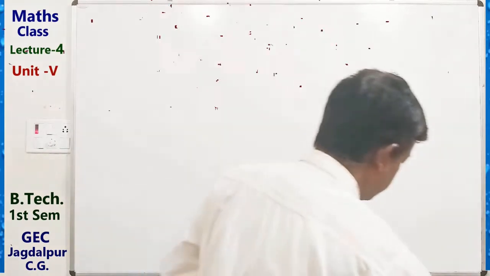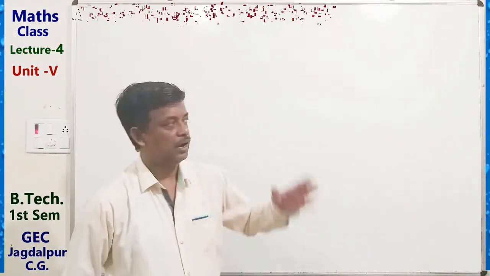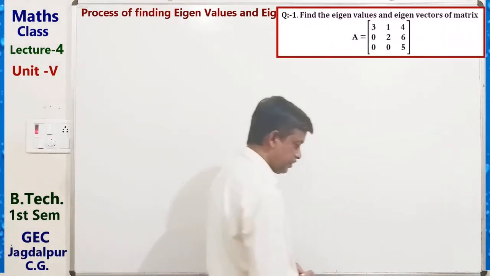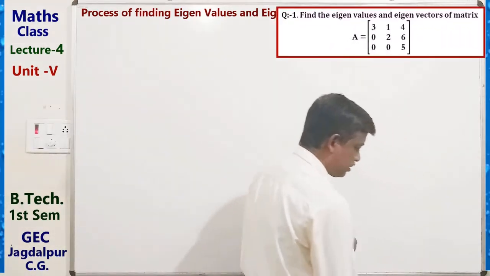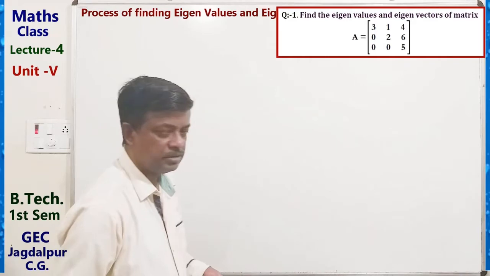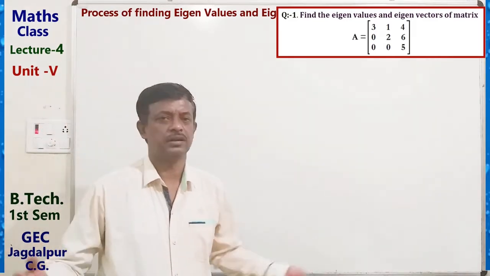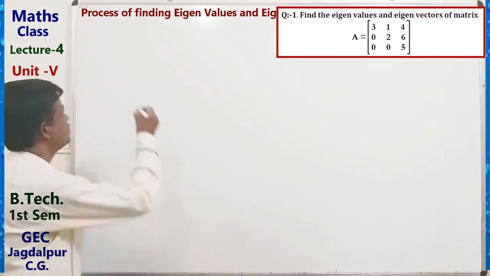The first question: find the eigenvalues and eigenvectors of the matrix. The matrix may be symmetric, non-symmetric, or any type, triangular, etc. So here the given matrix is C.